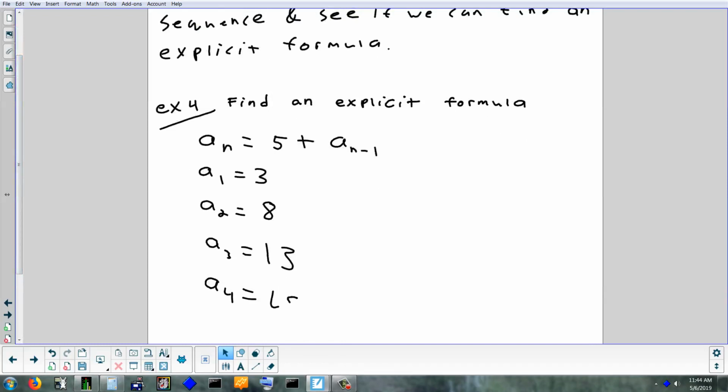That'd be 18. I'm trying to figure out something I can do with this number to get that number. Anybody see what you can do with the position number to get the term?